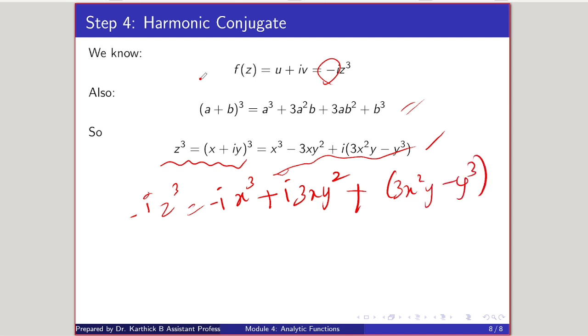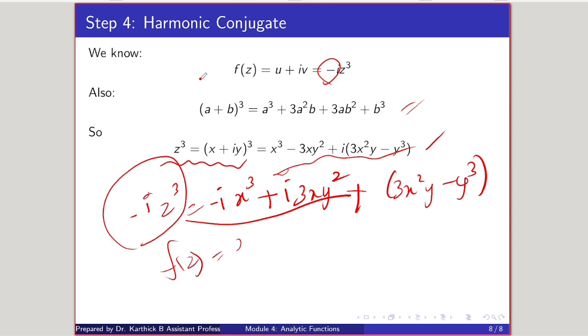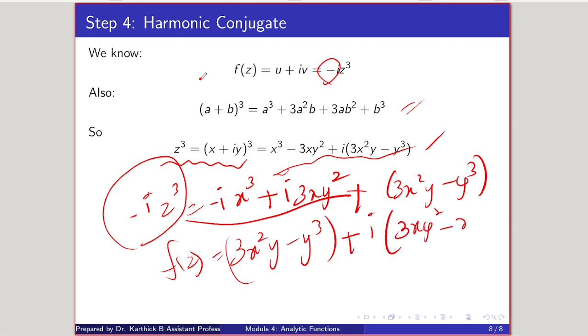Now I have written this into this form. So f of z will be 3x square y minus y cube, the real part, plus i times 3x y square minus x cube. So this will be u plus iv.